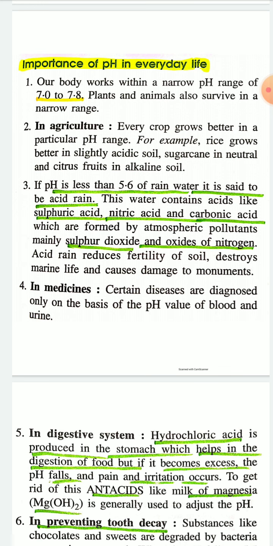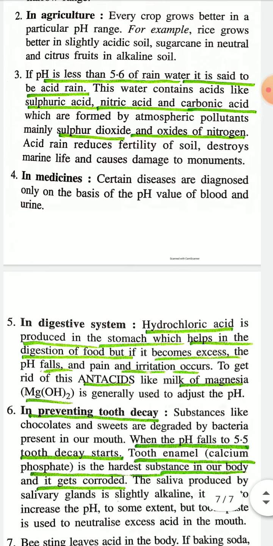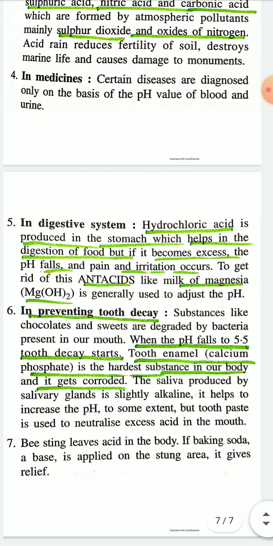Next important is in medicine, certain diseases are diagnosed only on the basis of the pH value of blood and urine. Next is in the digestive system. In our body system, hydrochloric acid is produced in the stomach, which helps in the digestion of food.